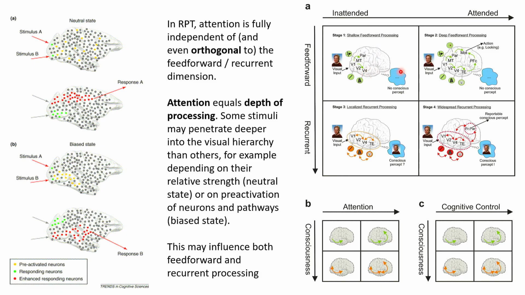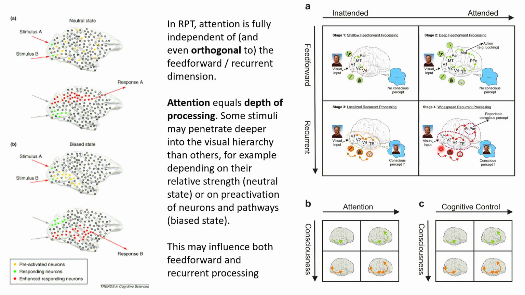Deep feed-forward processing would be feed-forward processing that proceeds all the way to frontal, parietal, motor regions. And we know that this only happens when you attend to the location where that visual stimulus is presented, even though you may not consciously perceive it. But if you attend to that stimulus, it may proceed all the way up to these frontal regions. If you attend to another location, usually the processing stays way more shallow.